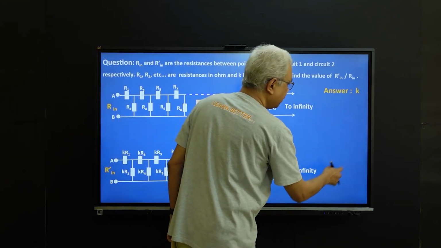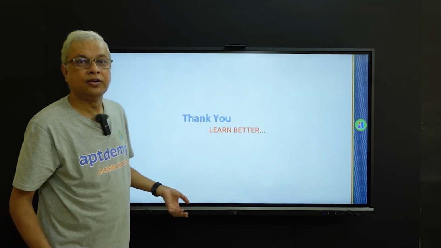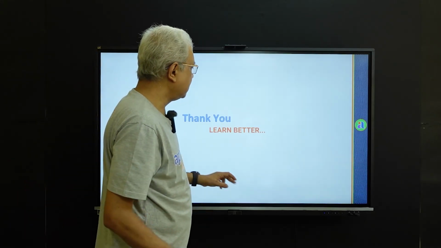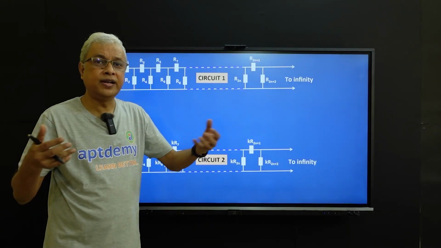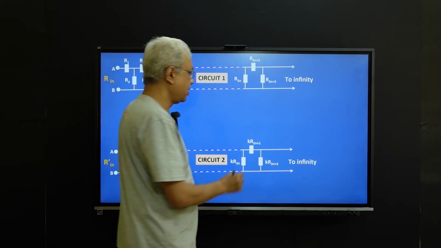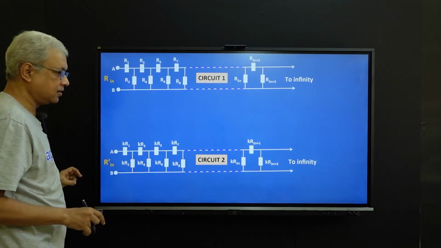So I hope you have understood the problem. If you have any doubt, you can revert back to us. We will try to clarify, and you can solve various types of problems once you understand the principle of this circuit, that is, R in dash is equal to K times R in.